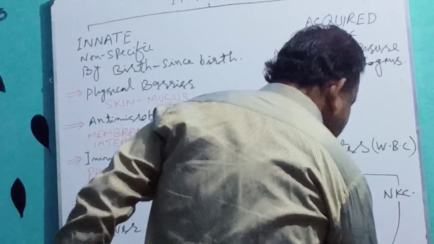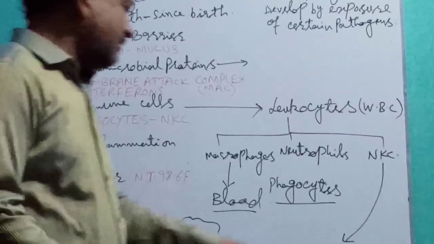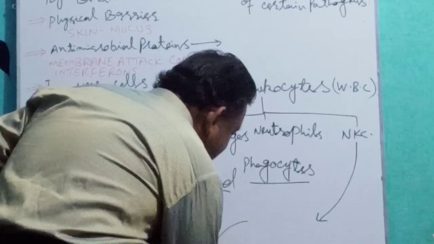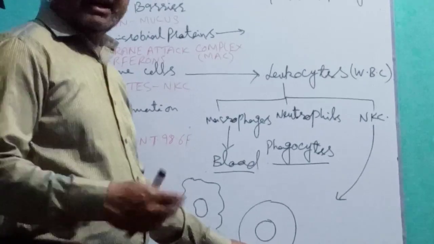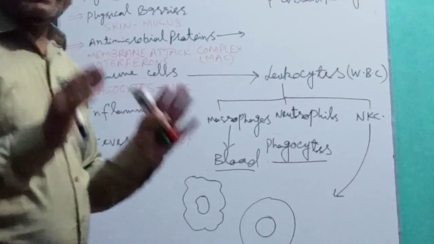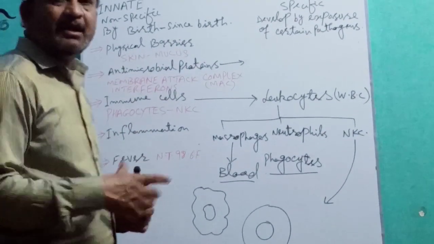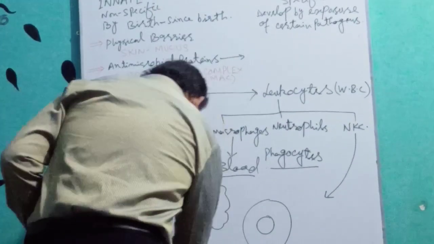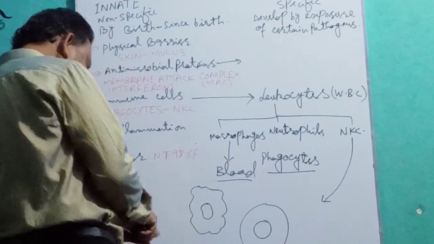Natural killer cells do not attack microorganisms directly, but when a cell is infected with a virus or other microorganisms, or a cancer cell, because a cancer cell is not a normal cell, it has part of the tumor and mutational cells actually.